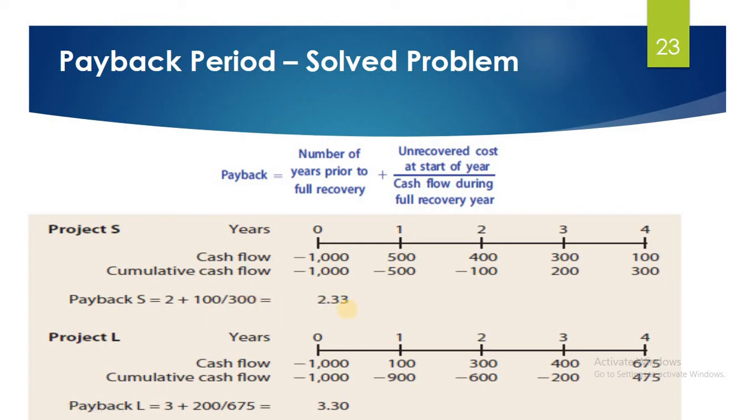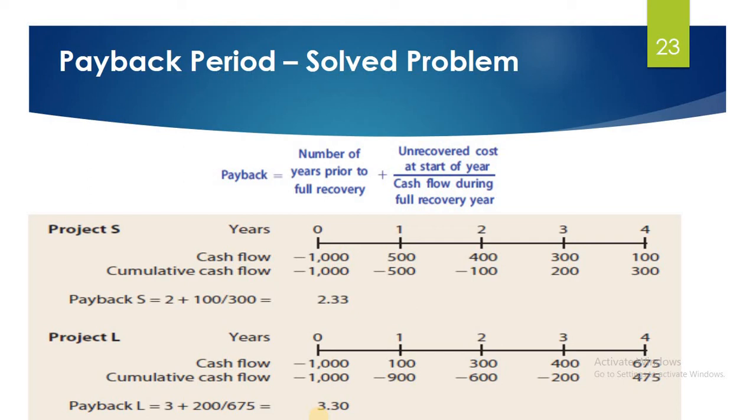In the same way, we can calculate payback period for project L, and payback period for project L is 3.30 years. Now, assume that maximum acceptable payback for project S and project L is 3 years.